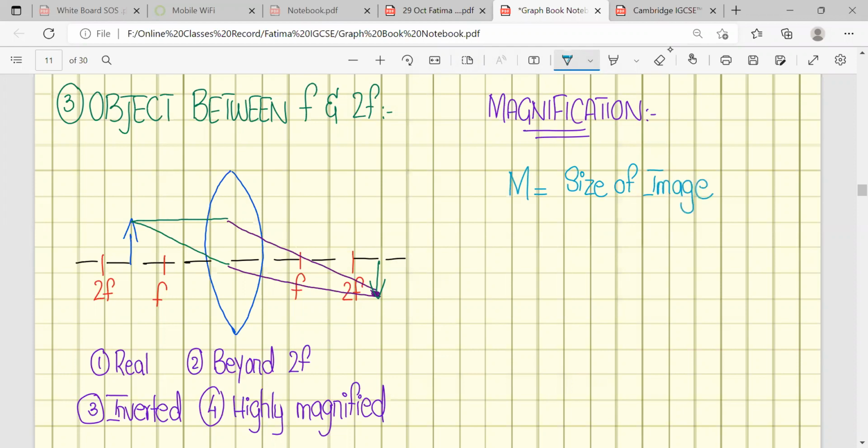So this ratio will give you the exact magnification value by dividing these two different sizes, right? So you will get the exact value of magnification passing through that lens, right?